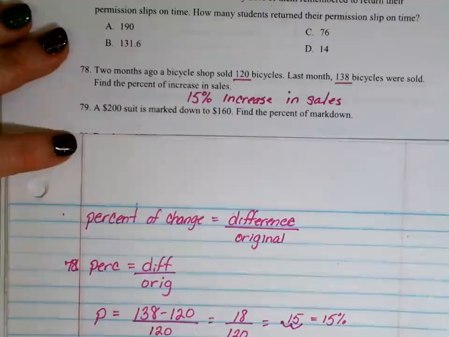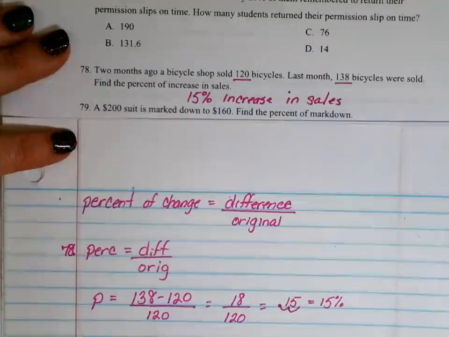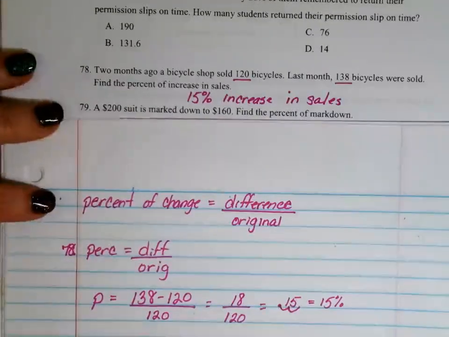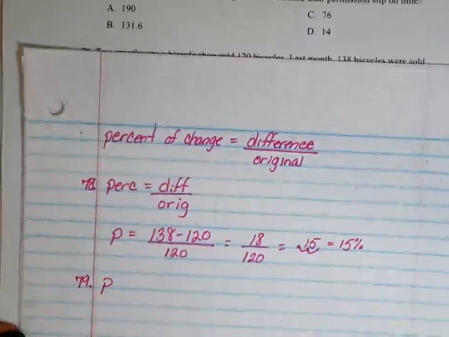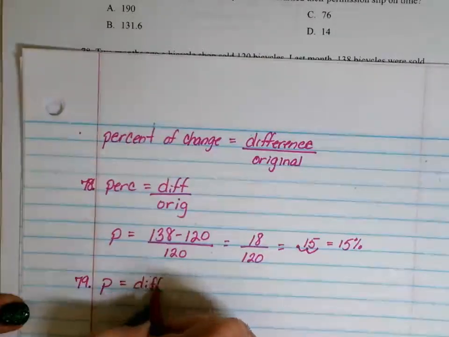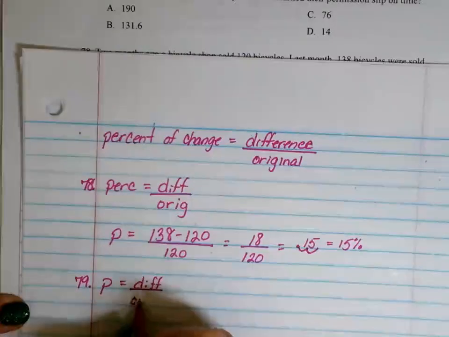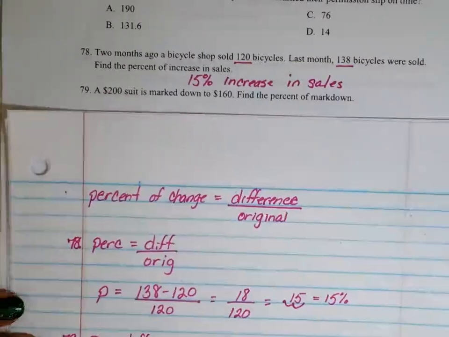All right, number 79, we have another percent of change problem. Okay. A $200 suit is marked down to $160. Find the percent of markdown. So for 79, I'm going to write my formula. Percent equals difference over original. So let's look at the problem.